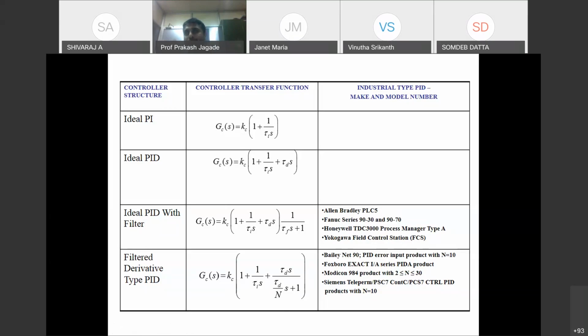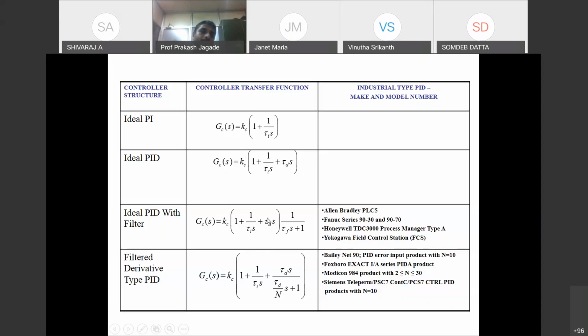These are various products available in the market where they have used this transfer function, which is shown in the second column, and converted it into an algorithm. And the algorithm has been ported on the processor, it could be a microcontroller, could be a DSP processor. So the algorithm has been ported onto the respective hardware, and with the help of the PID algorithm, you'll be able to control the process variable.